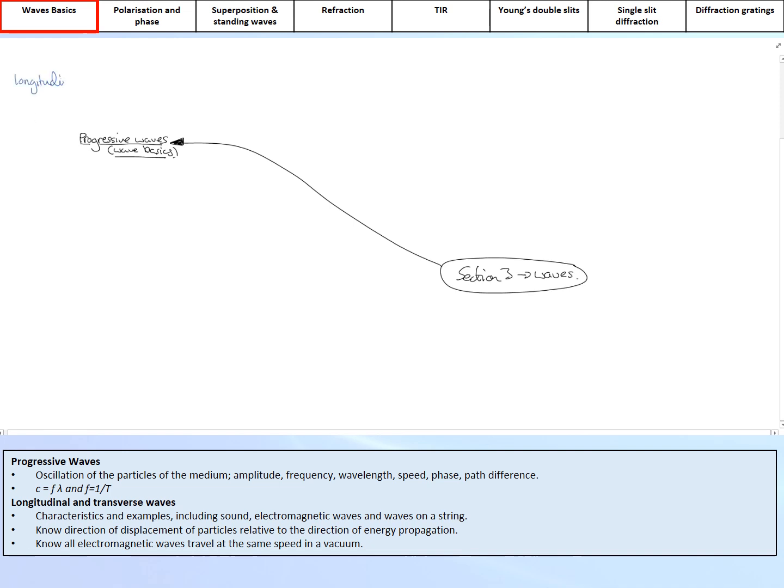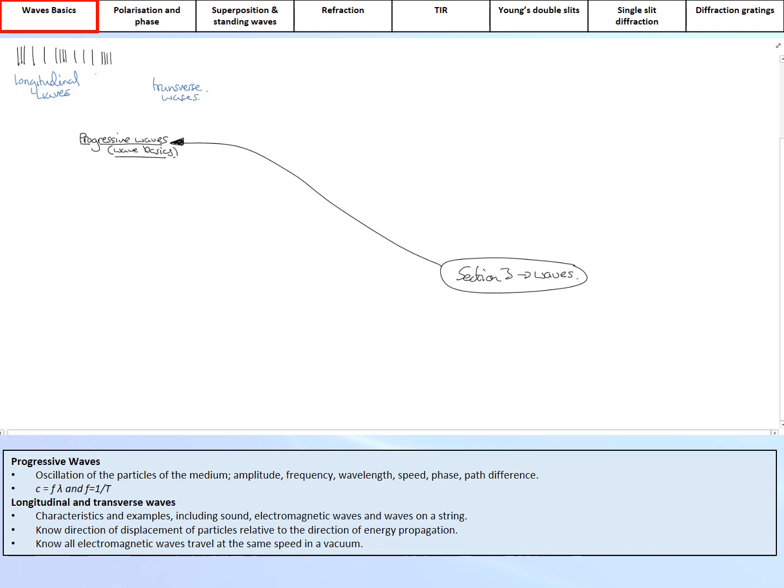So we've got longitudinal waves and transverse. And we could draw some examples of these. So longitudinal ones are ones where we have compressions, bits that are pushed close together, and then bits that are further apart.